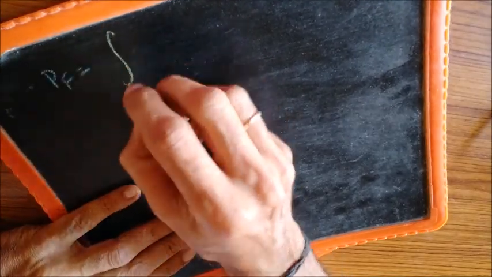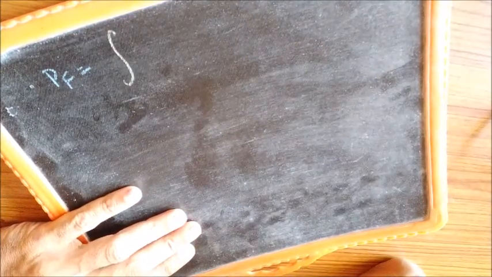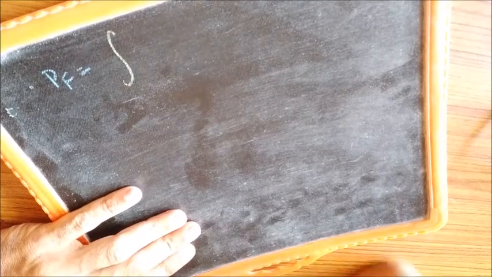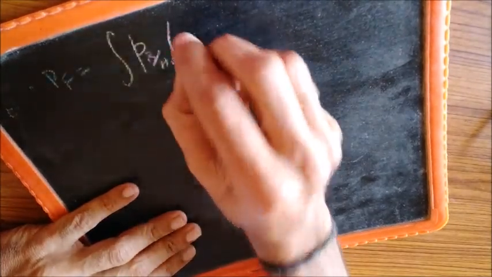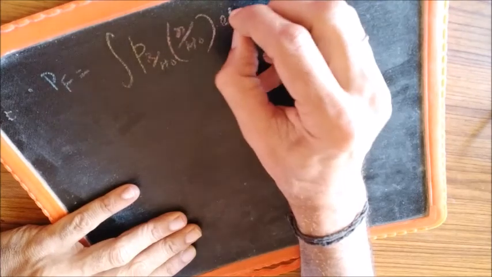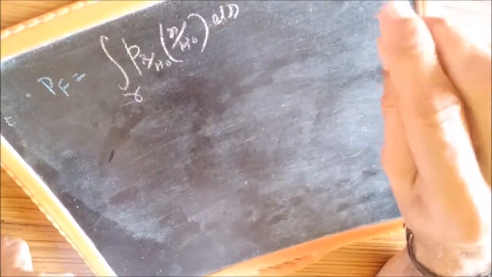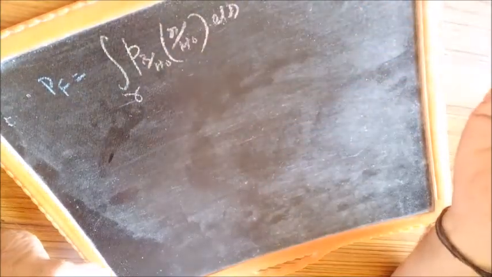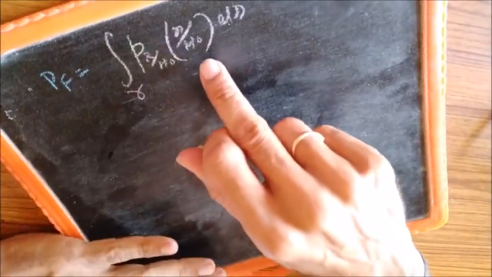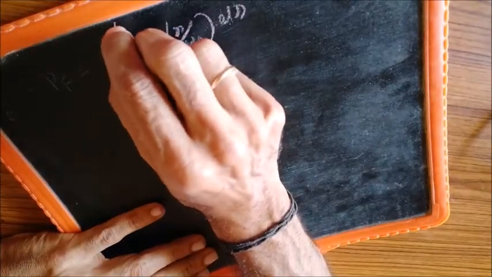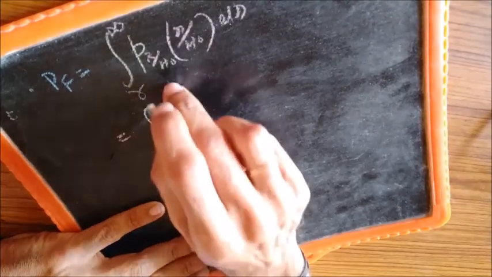So the probability of that happening is that R has to be more than the threshold gamma when H0 was the true hypothesis. That is the probability of R taking a value more than gamma when H0 is the true hypothesis. So we have to integrate the conditional density function of R when H0 is true from gamma to infinity.